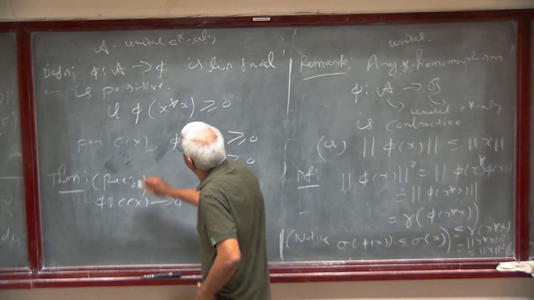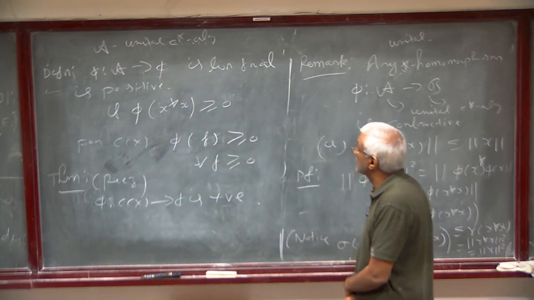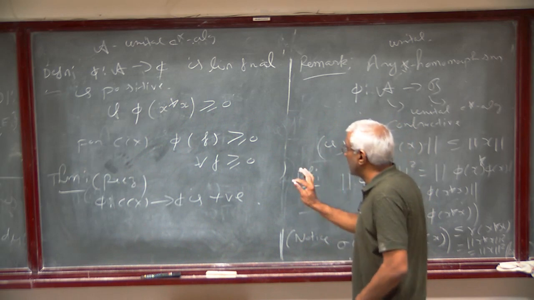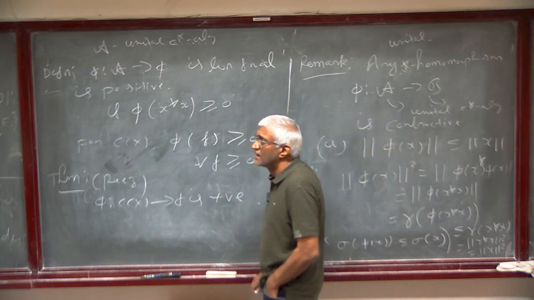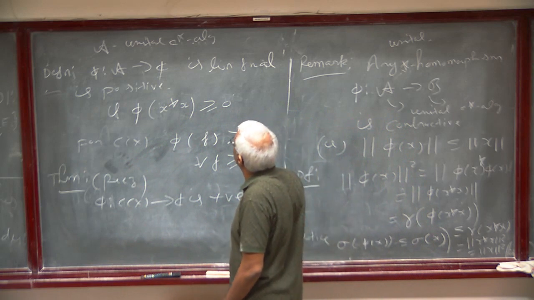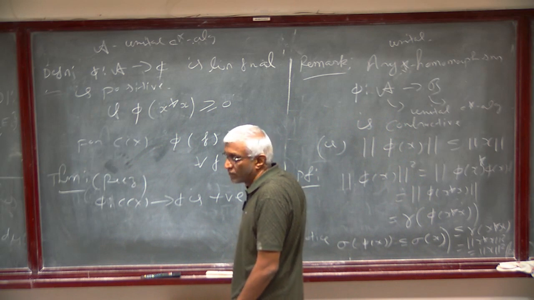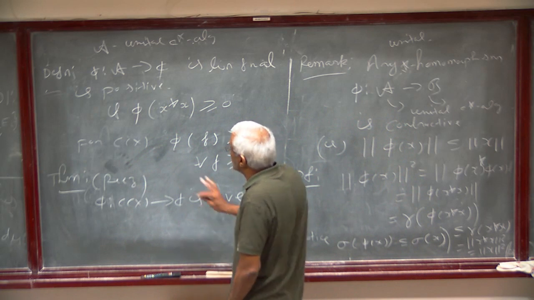So for C(X), if it is positive, then the norm of phi is equal to phi(1).